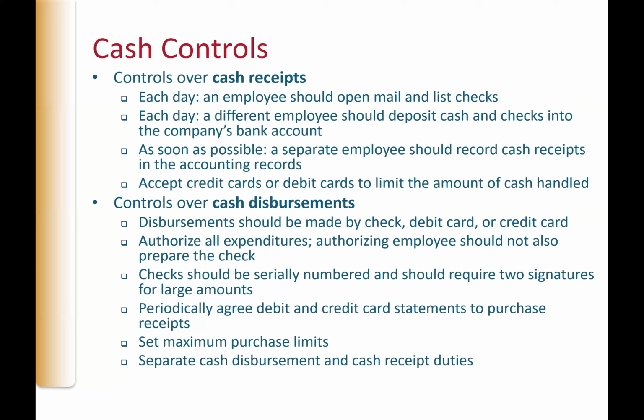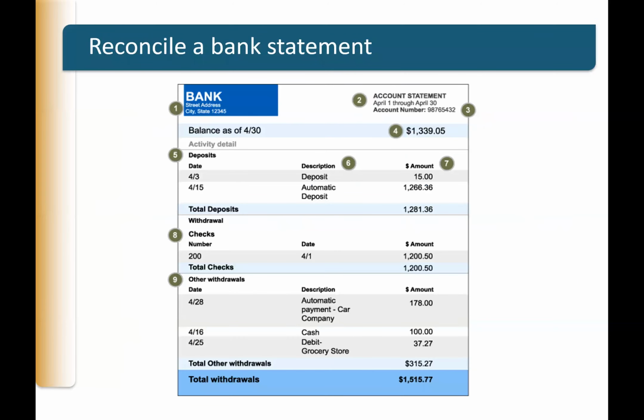Set maximum purchase limits. And ultimately, cash disbursement duties should be handled separate from cash receipt duties. Those individuals in control of disbursement should not also be in control of cash receipt duties.